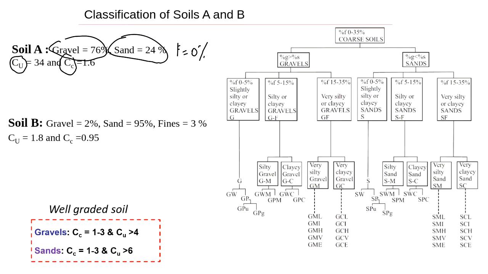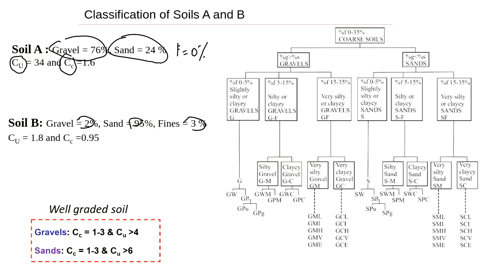And we did the same thing for soil B. We have the amount of gravel, sand, and fines 3%, and the coefficient of uniformity and coefficient of curvature. So this is what we need to classify non-plastic soil, right? I'll do soil A first together, and then maybe you can try to do soil B by yourself and just tell me the answer.